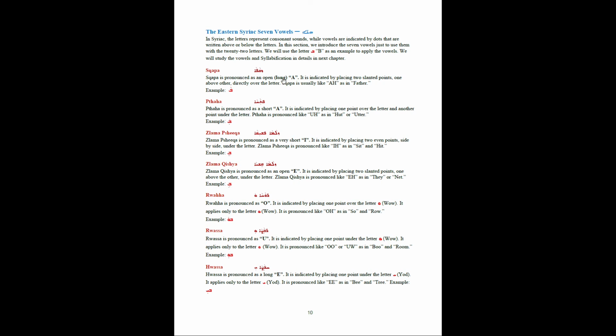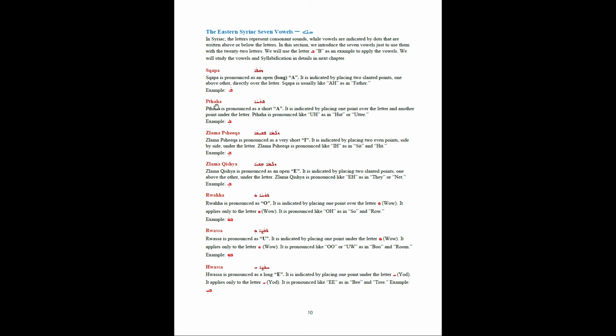This vowel is a long A, like in father. Applying this to Beth, B is the original sound. With the Zqapa, you see those two dots going this way, up above the letter, is called Zqapa. The sound of this one with the B is going to be Ba.